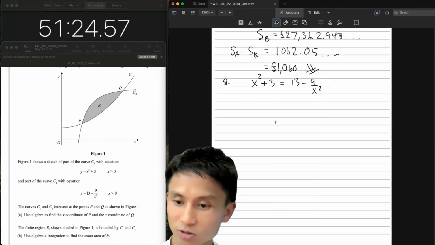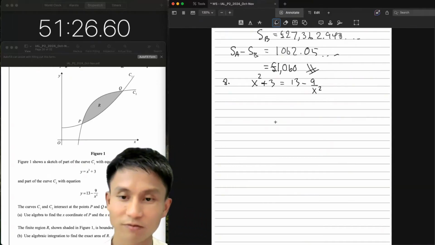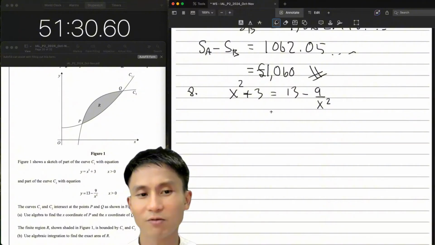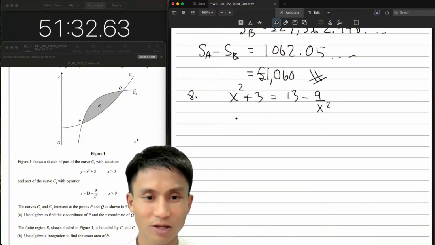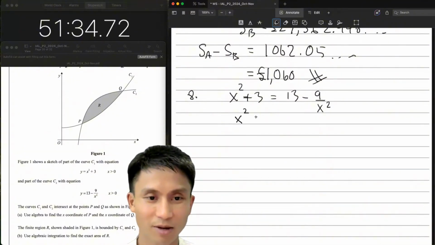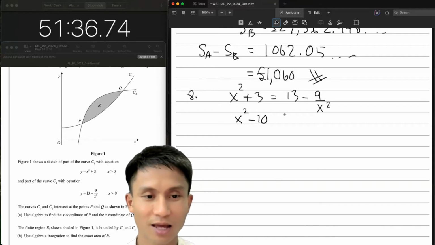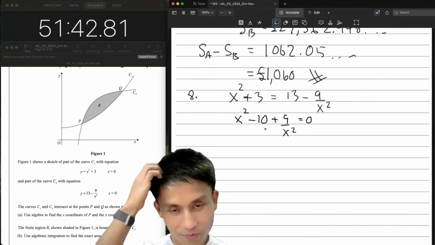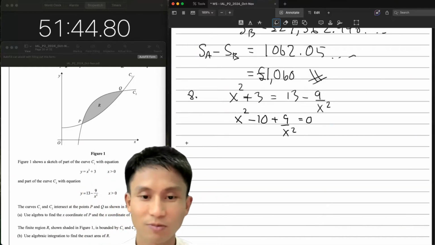Okay, so x coordinate of P and x coordinate of Q, so there are two solutions here. Before multiplying, we can do x squared minus 10 here. And I'm going to just move everything to the right side because I will do that anyway later on, so I do it now. Multiplying everything by x squared, I get x to the 4 here.